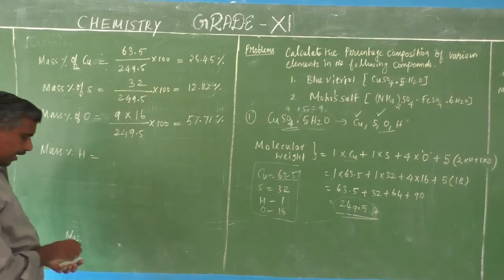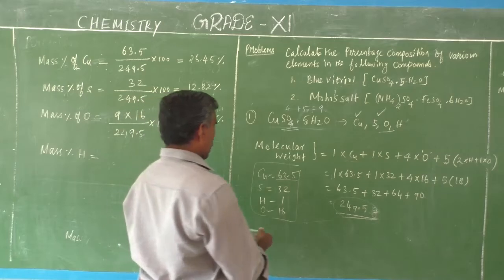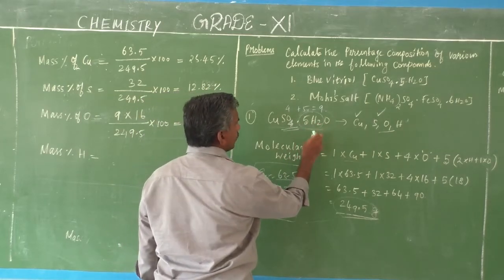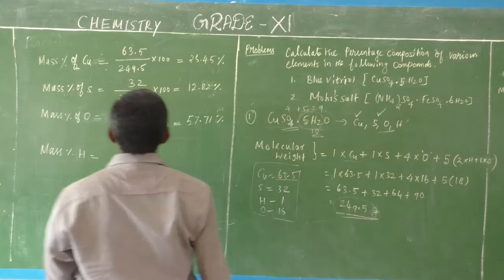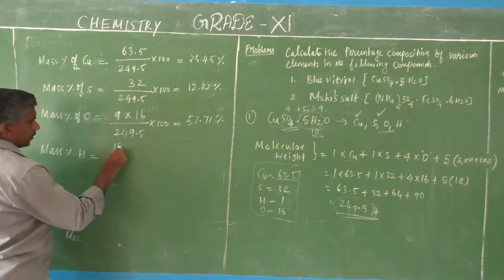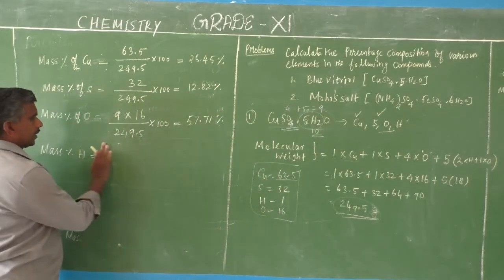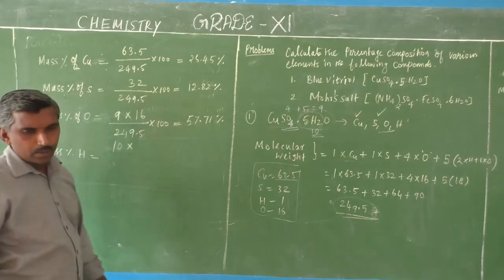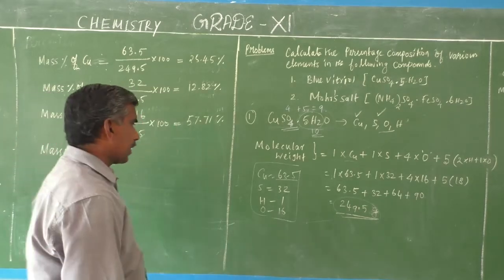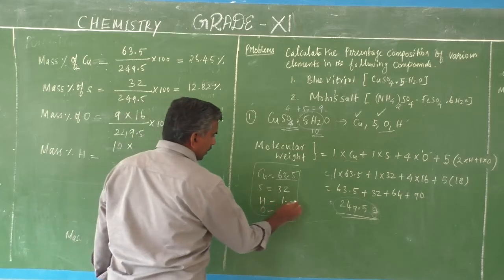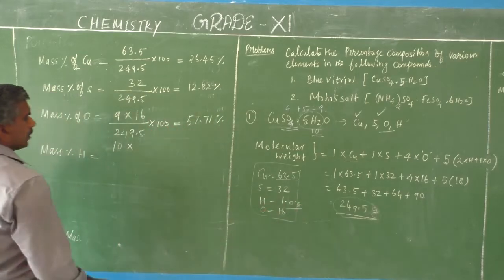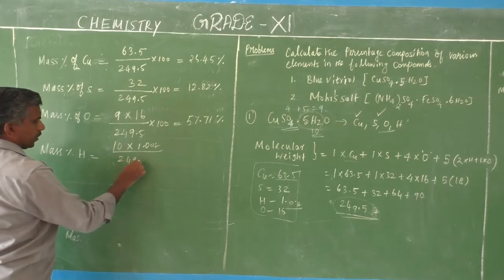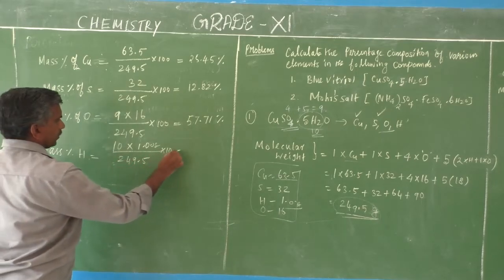Now the mass percentage of hydrogen. You find the number of hydrogens. 5 water molecules, 5 into 2, 10 hydrogen is present. So 10 into the hydrogen mass, which is 1, divided by 249.5 into 100.